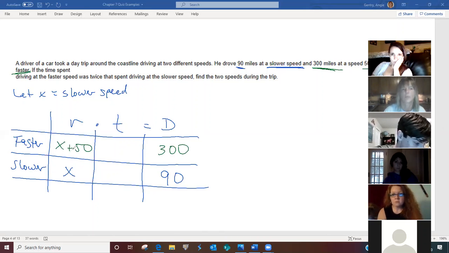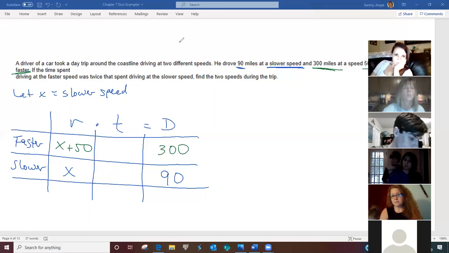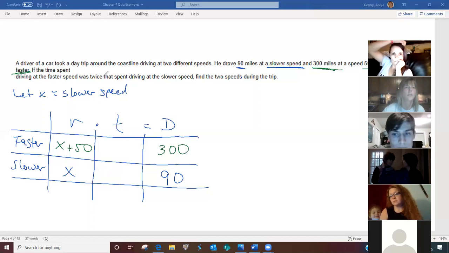50 miles per hour faster. This is all critical stuff. Do you have time equals time? Not necessarily; this is where you have to be careful. The time spent driving at the faster speed was twice that spent driving at the slower speed.